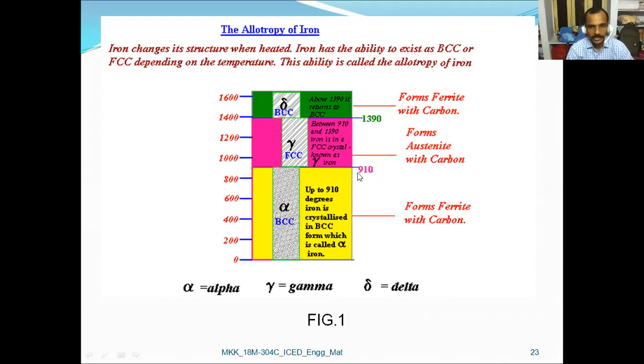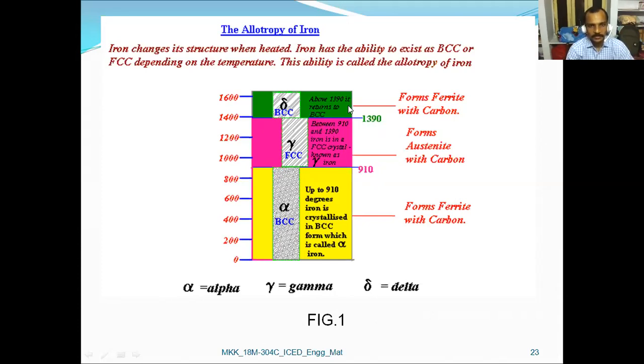So at 910 degrees centigrade, the iron is known as alpha iron. Whenever it is continuously heated above 910 degrees centigrade up to 1000, 1200 and 1390 degrees centigrade, then the iron is in FCC, face-centered cubic structure, known as gamma iron.